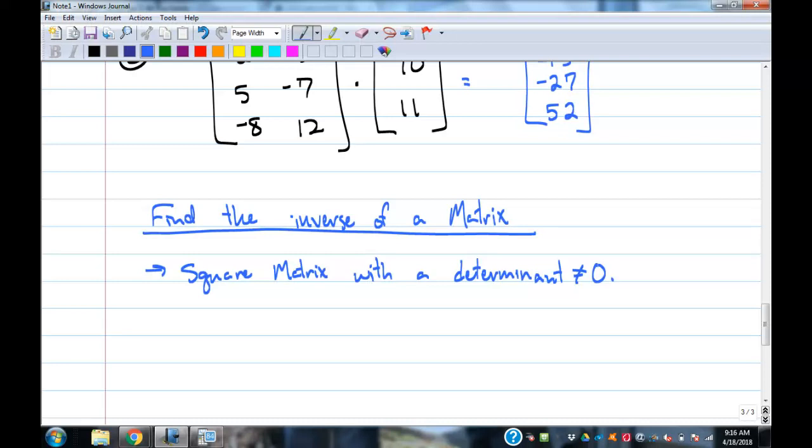If you think about regular numbers, take the number 3. What is the multiplicative inverse of 3? It's got another name that we use normally. We don't say multiplicative inverse. We use an R word.